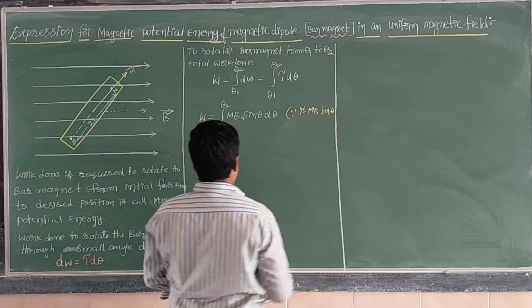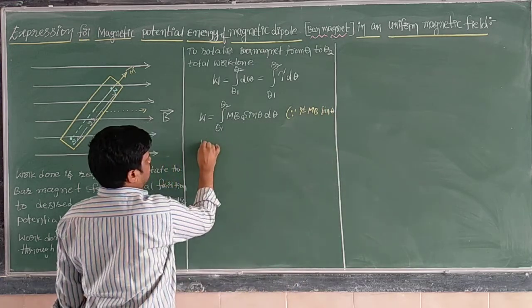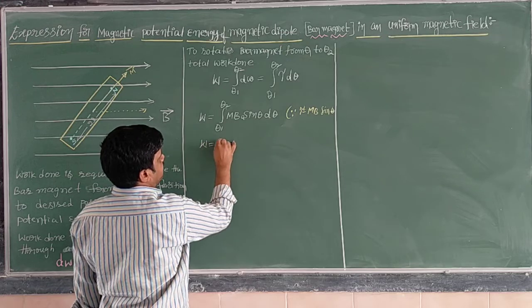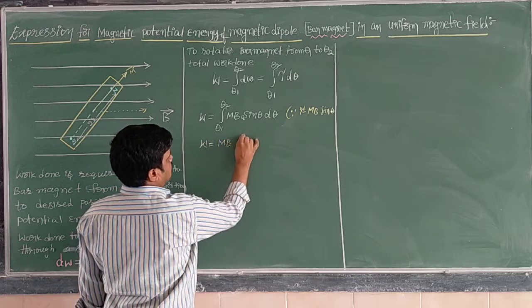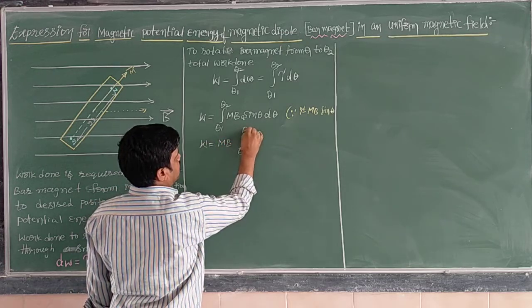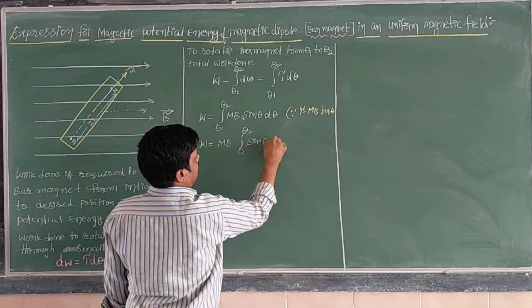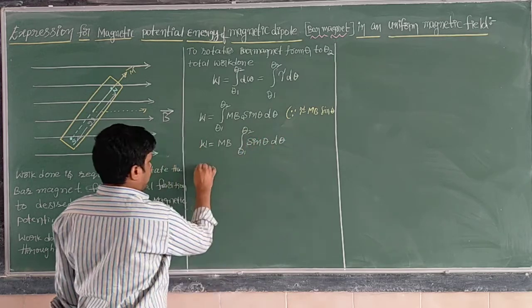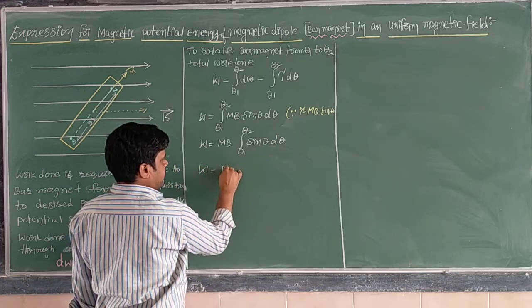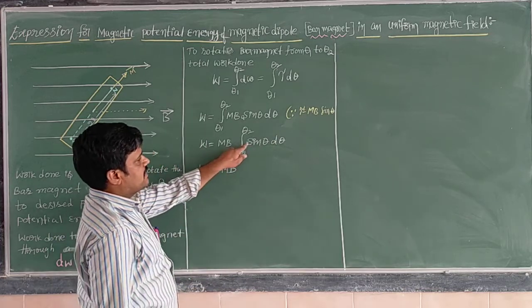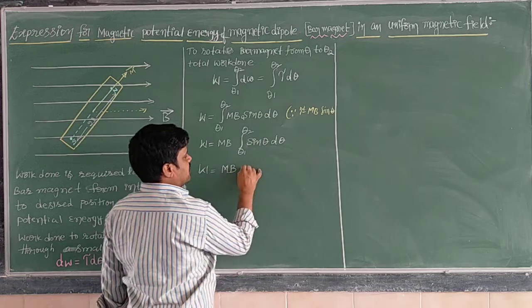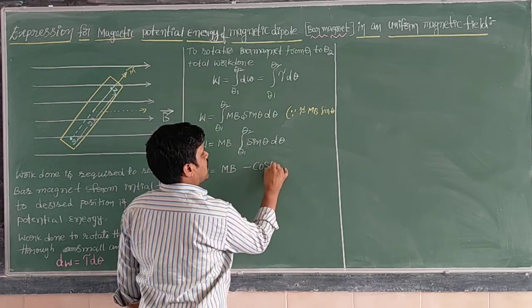Next, work done W is equal to mB, you write outside, so the integral from theta 1 to theta 2, the remaining is sin theta d theta. W is equal to mB times the integral of sin theta d theta, which is minus cos theta.